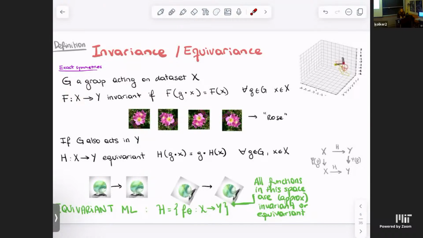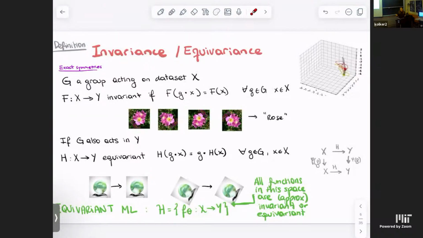In equivariant machine learning, there are many things people do, but one thing is they parameterize the space of functions so that for any possible parameter, the corresponding function satisfies the symmetries. So they do the optimization in the space of functions that satisfy the symmetries, by parameterizing that space and optimizing over its parameters.